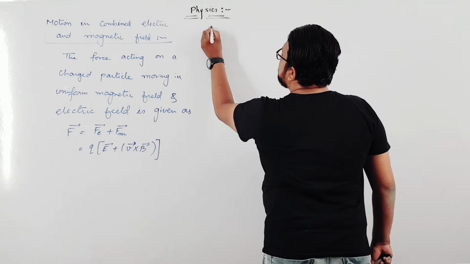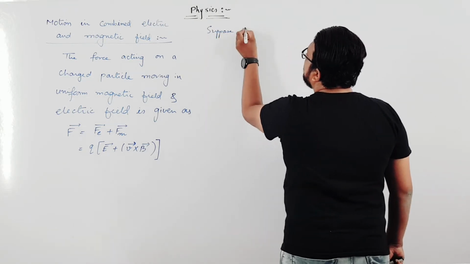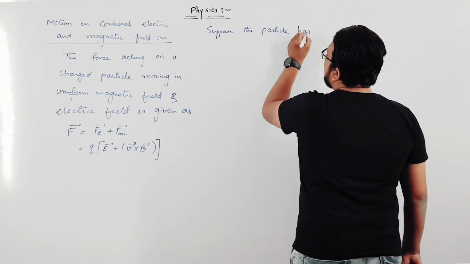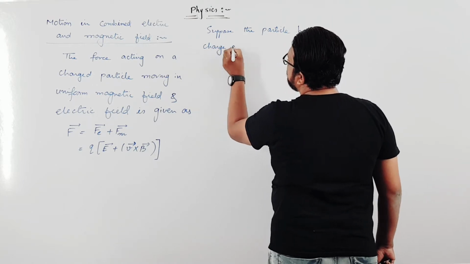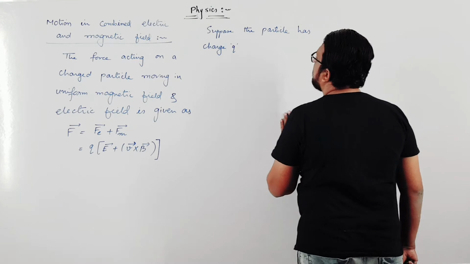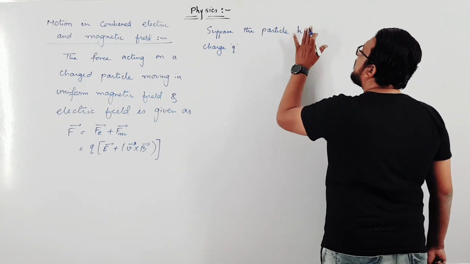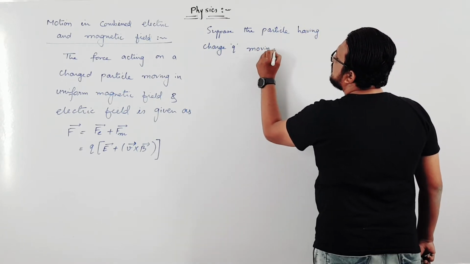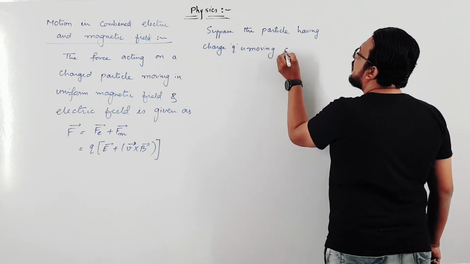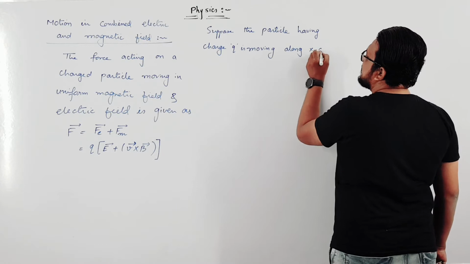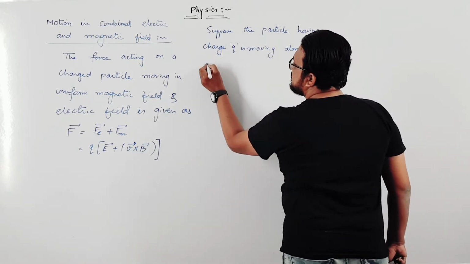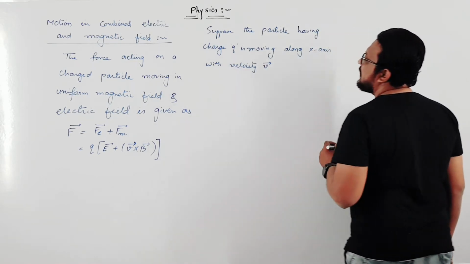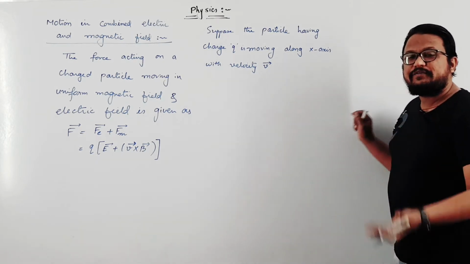Now suppose a particle having charge Q is moving along the x-axis with velocity v, and we have assumed that the electric field and magnetic field are both perpendicular to each other.